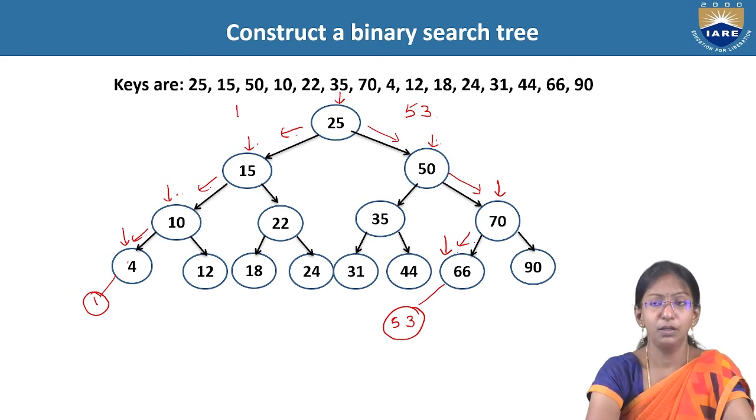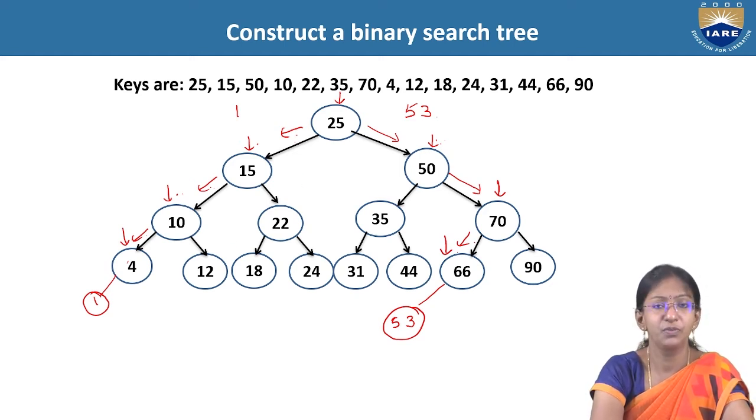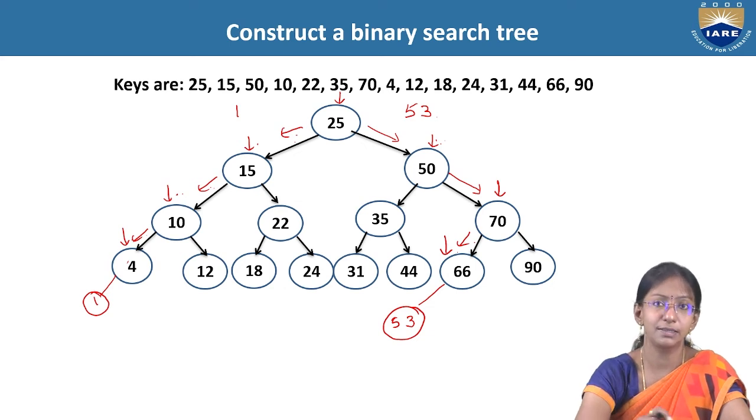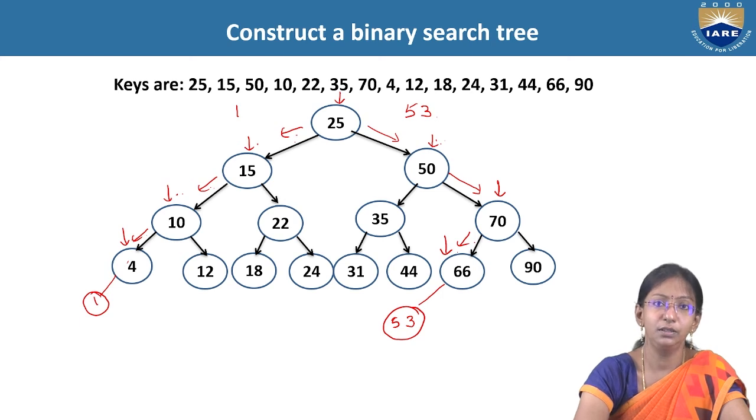In this way, you can see the first point is that the BST property, the left and right child properties, prevailed. Second point, every newly inserted element settles as a leaf node. This is how we construct a binary search tree.